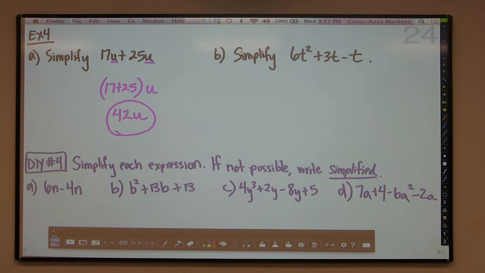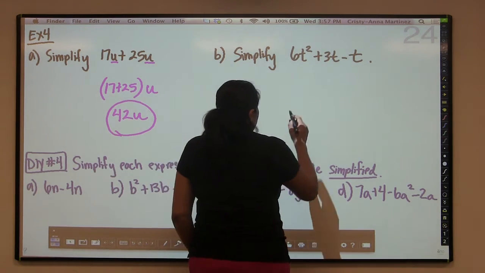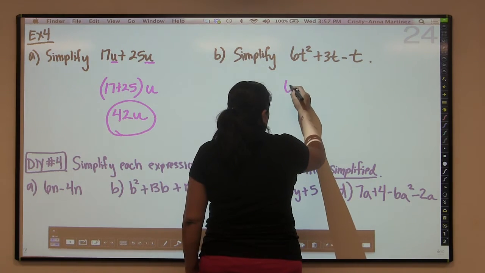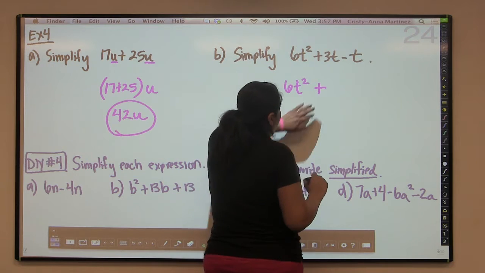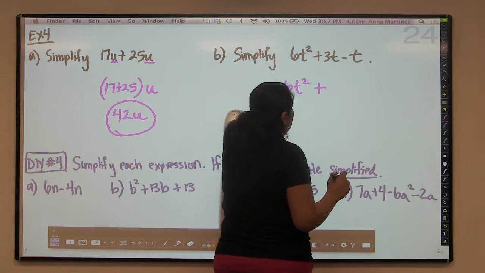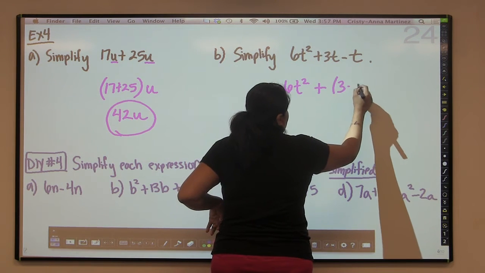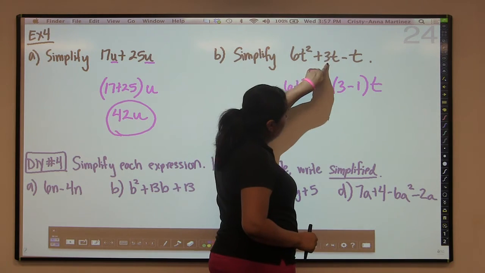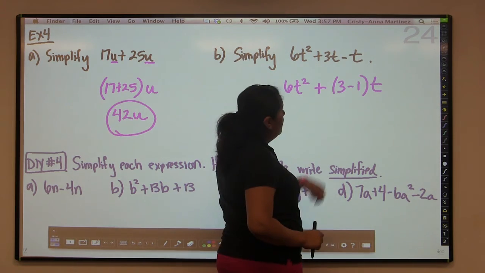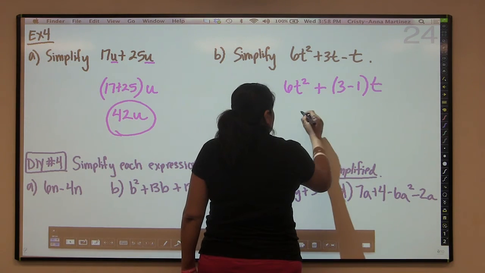And then in a similar way, we can do that with part B. Now in part B, we can't really do anything with the 6t squared, but we do have 3t and negative t, so what we could do there is we can go 3 minus 1 and then t. So the t has a 3 in front of it, this t has a negative 1 in front of it. And 3 minus 1 is 2.